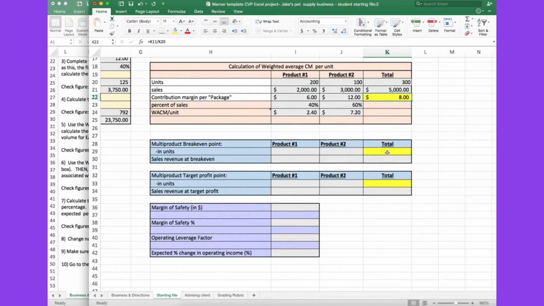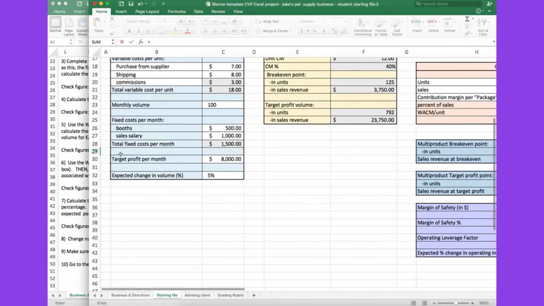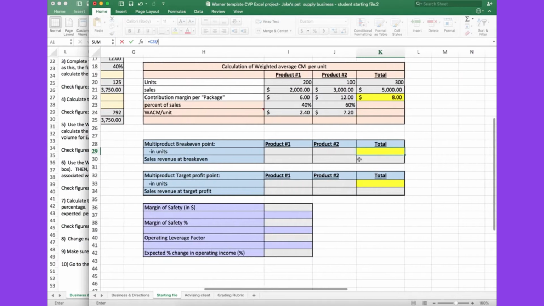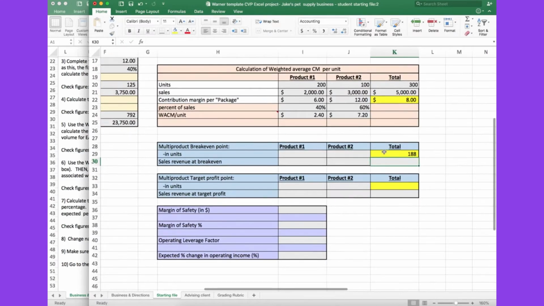And so what we are going to do, just like we do normally, is take our fixed costs, which are $1,500, and divide that by our average sales mix. So that's 188.